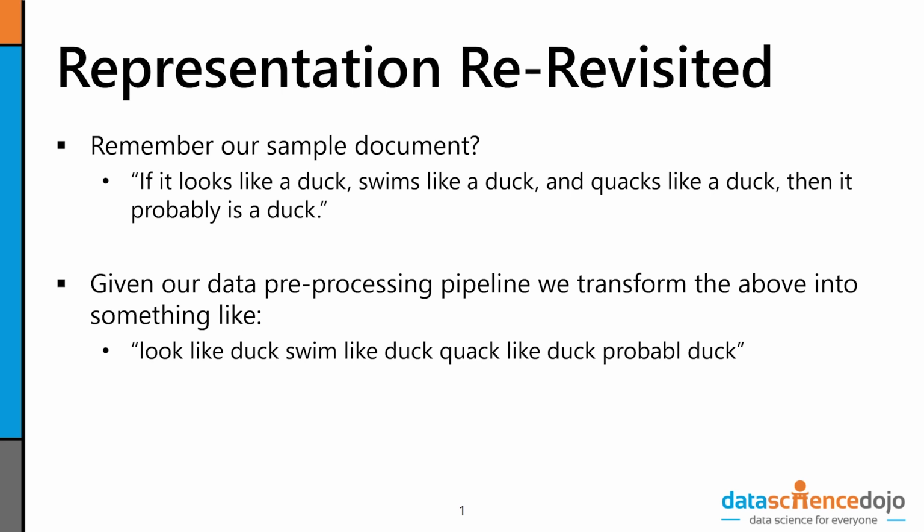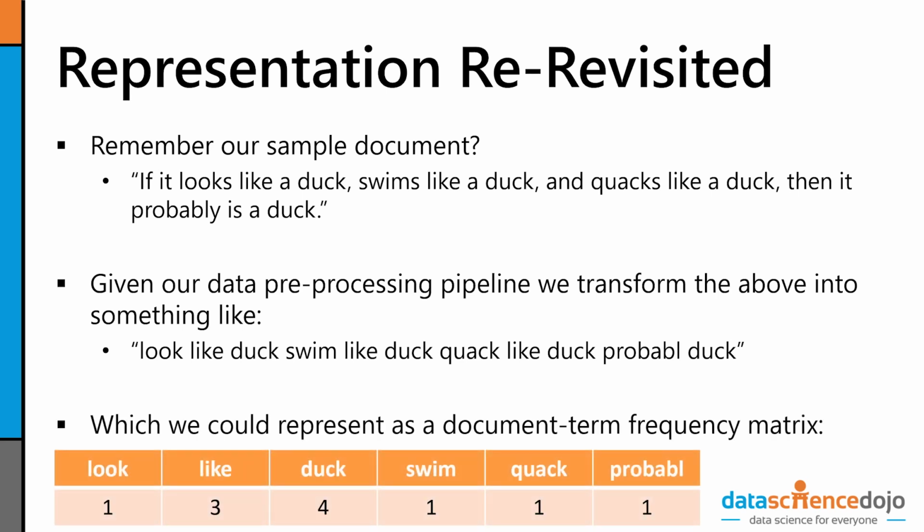Look like duck, swim like duck, quack like duck, probable duck. And as you can see, even though it's not proper English, since we know what the original document looks like, we can kind of squint our eyes a little bit, and from far enough away we can say, you know what? Yeah, this representation, while not ideal, actually captures the essence of what the original document is trying to say. So cool.